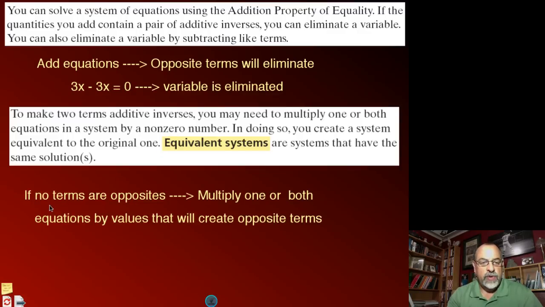So it is possible that if no terms are opposite, we can either multiply one equation by a number, meaning we multiply every term in that equation by a number, which makes one of the variables opposites, or I may need to multiply both equations, one equation by one number and the second equation by a different number, but always doing it in such a manner that it creates two terms that are opposites when I add those together.